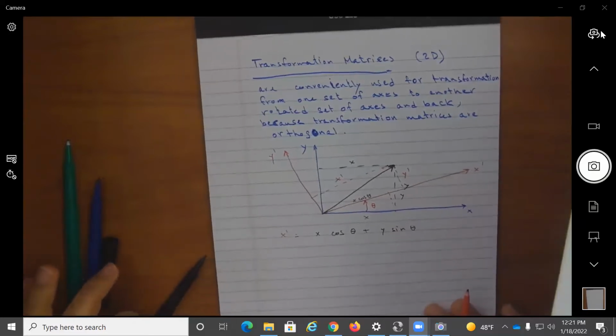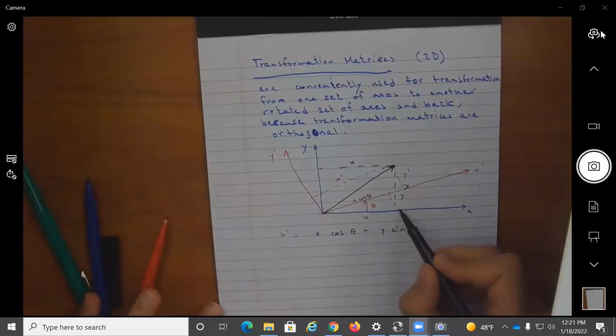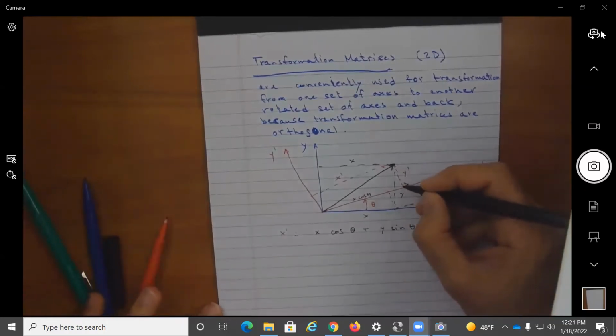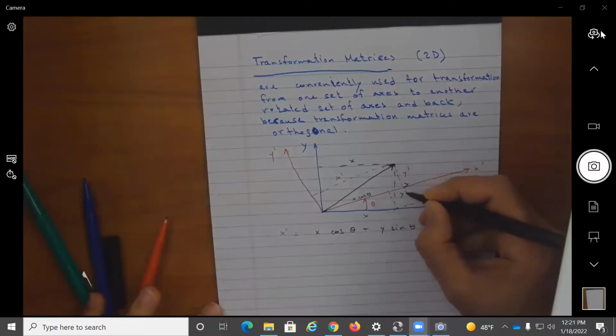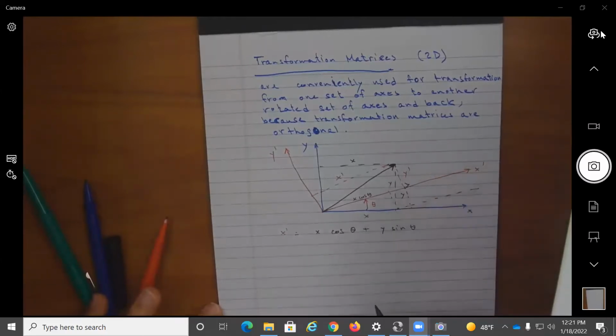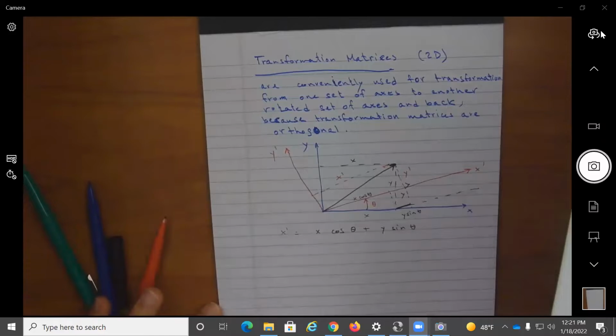And if I extend a line parallel to X prime here and extend this line, this is Y, and this distance here would be Y sine theta, right?